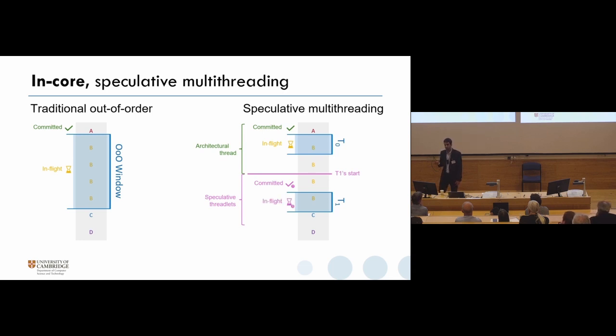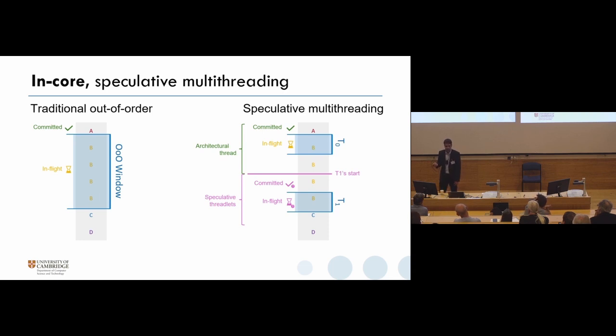And we have in-flight instructions inside the window. All of these instructions from the start of speculation can get canceled if the threadlet is getting canceled. And in-flight instructions can get squashed on a branch mispredict.